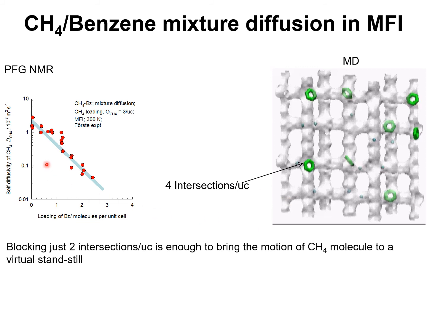The understanding and quantification of such traffic junction effects is of vital importance in the design of fixed bed adsorbers and fixed bed reactors, such as reactors for ethylation of benzene to produce ethylbenzene.